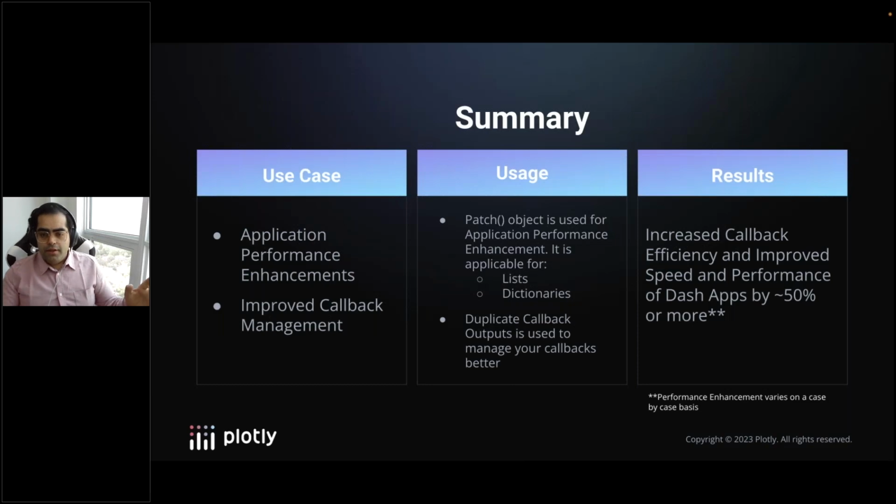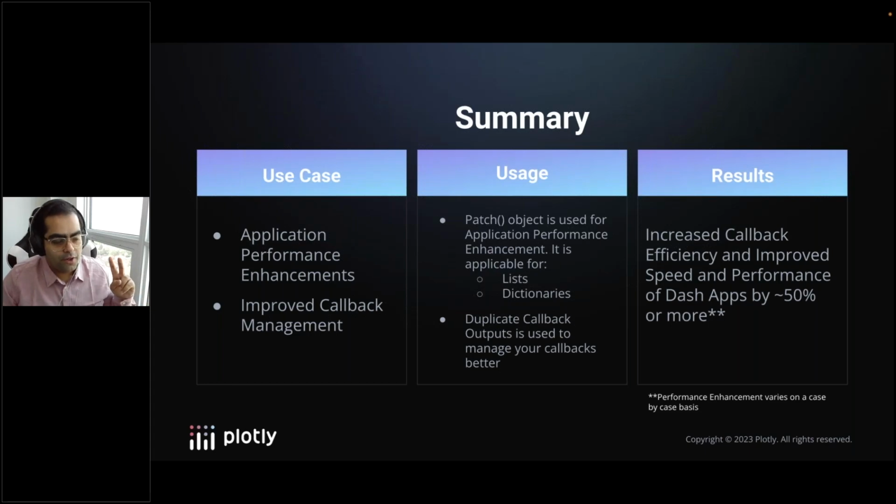So in summary, we spoke about two main things in our webinar today. The first one was how to enhance our application performance, and the second was how to improve our callback management. In order to enhance our application performance, we saw the real-time application of the patch object.